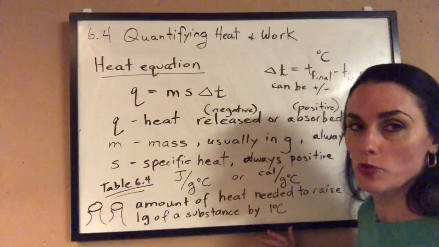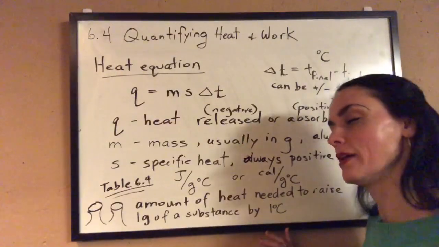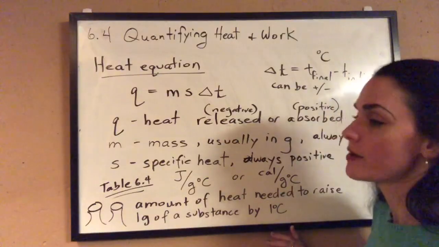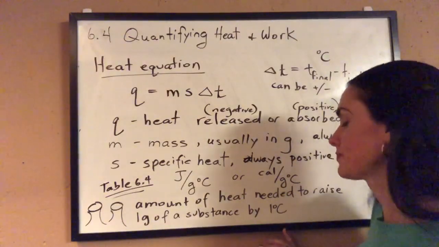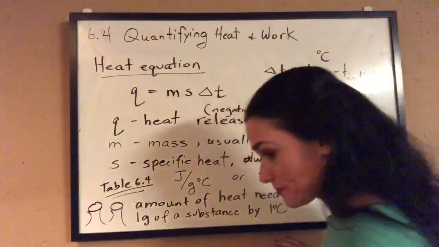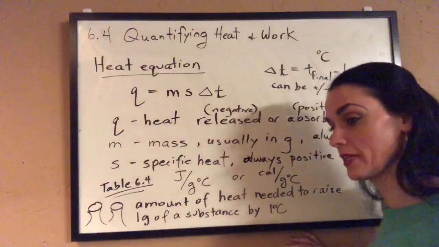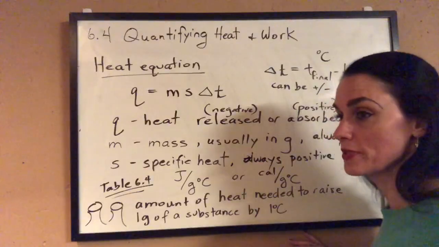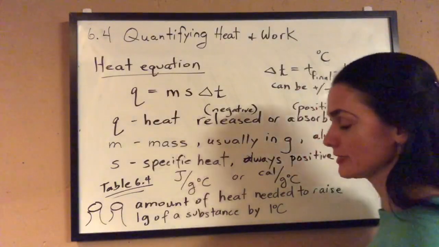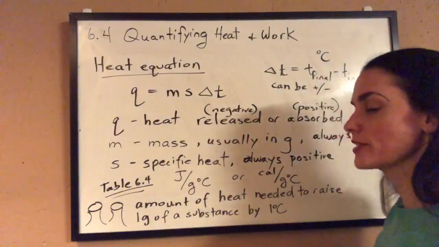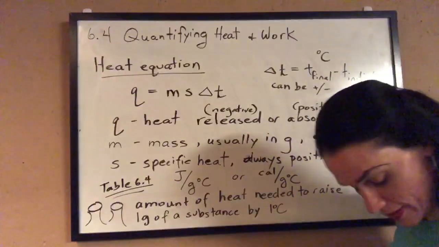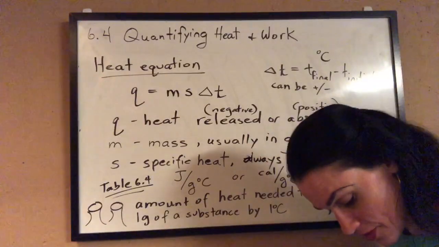Cars have water pumps to help absorb some of the energy produced in the combustion of the fuel. And in healthcare, if somebody has an extremely high fever, they may do an ice bath in a medical setting to help bring that fever down. So water's high specific heat is something you'll see in table 6.4.